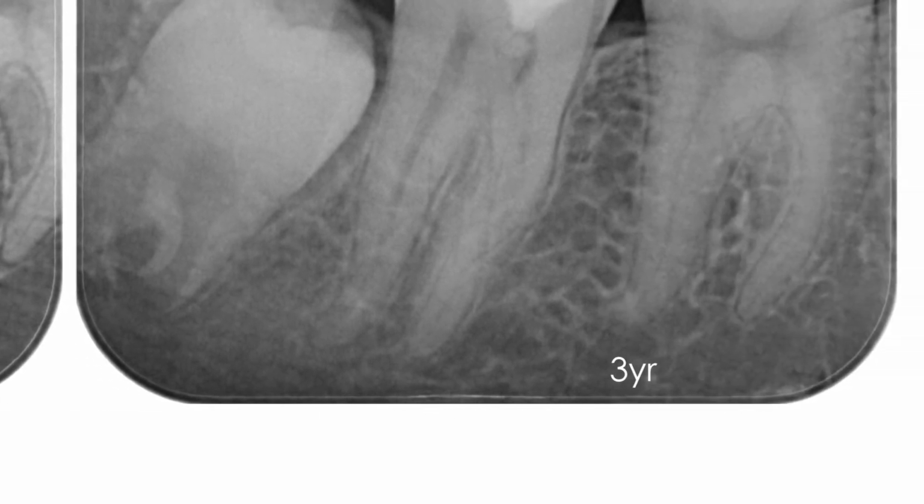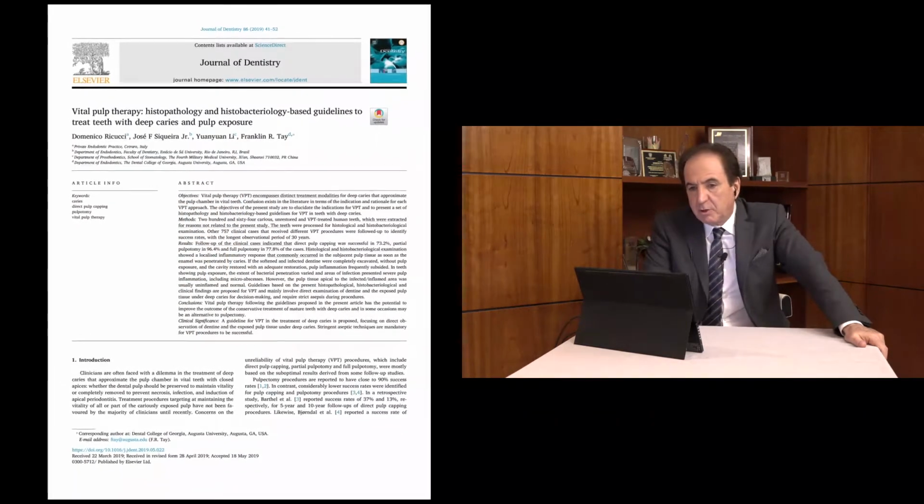This is absolutely true. But I was now talking also about adult patients with fully formed teeth. So the condition of the root is not an important factor to determine partial pulpotomy.